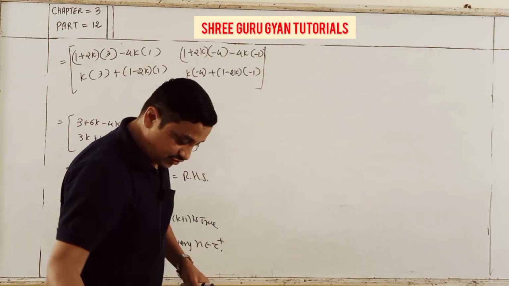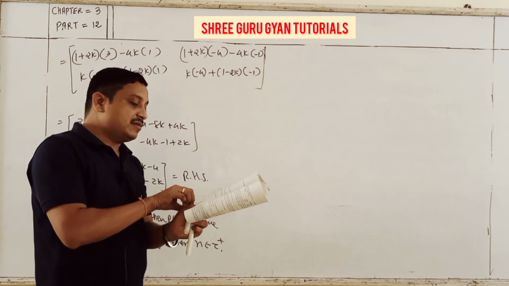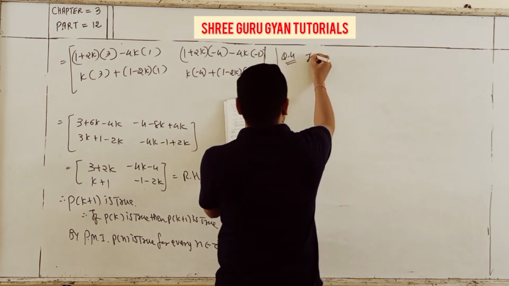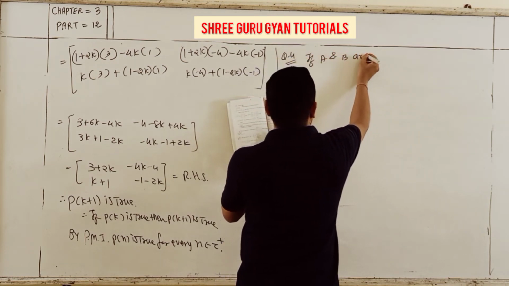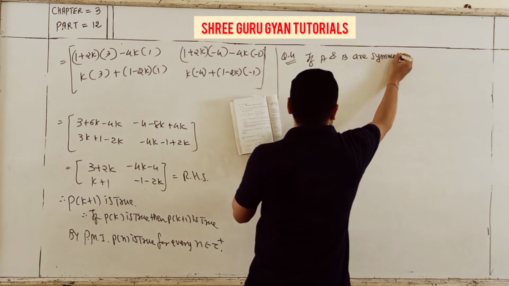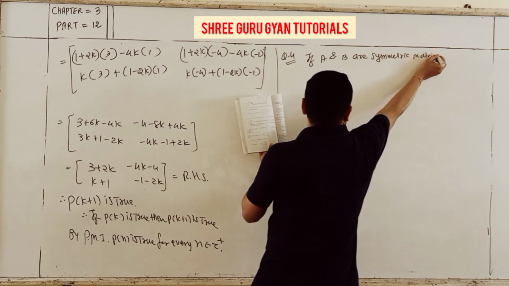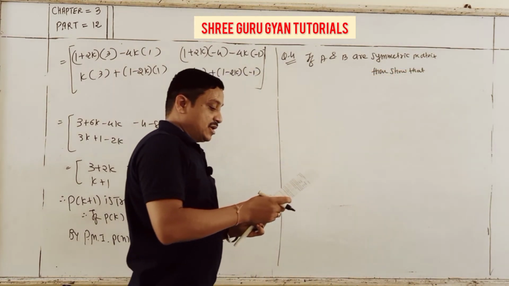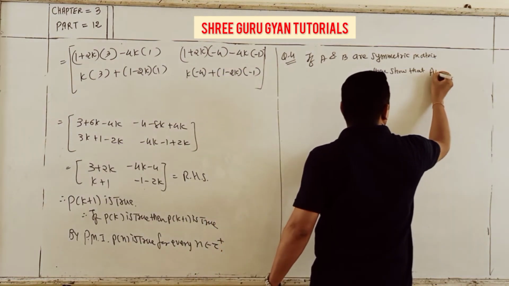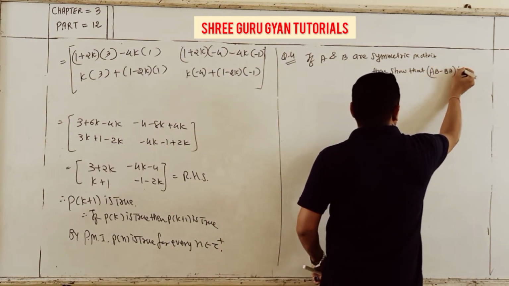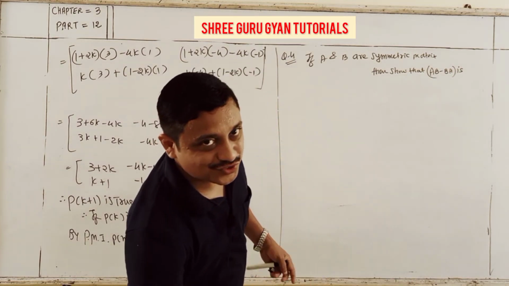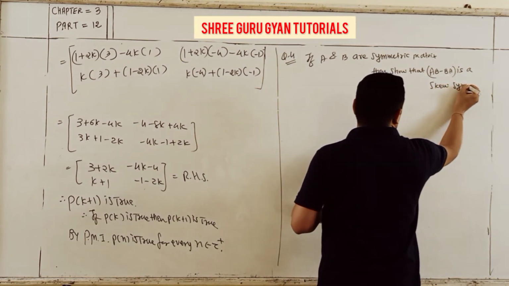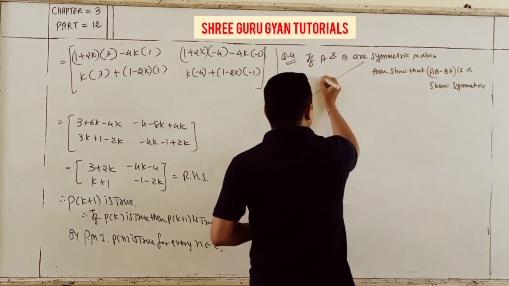Yes, students, in question 4, if A and B are symmetric matrices, then show that AB minus BA is a skew symmetric matrix. So very easy, you know this definition.